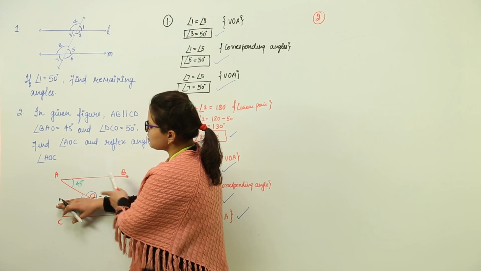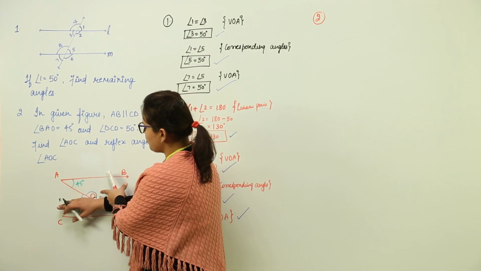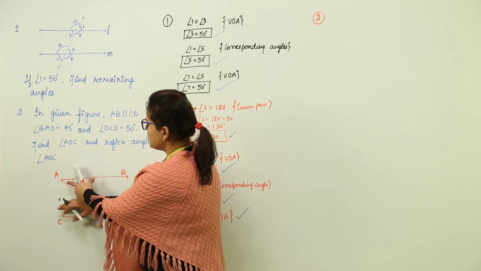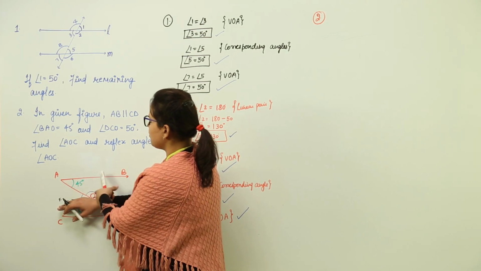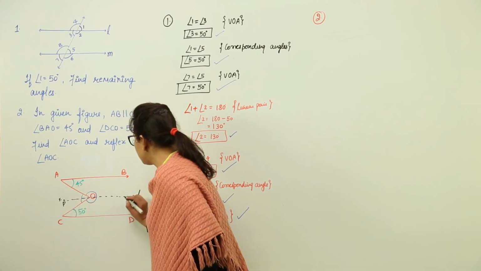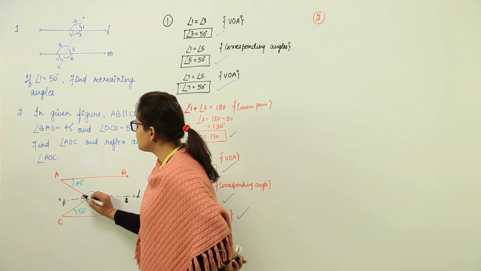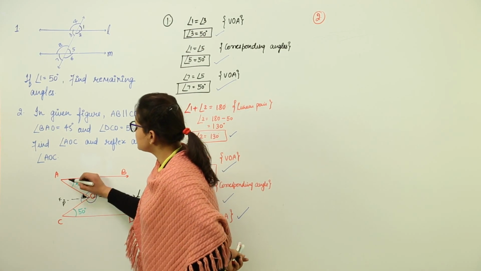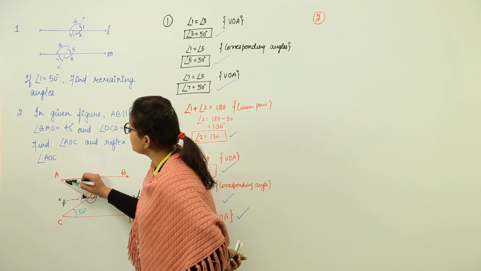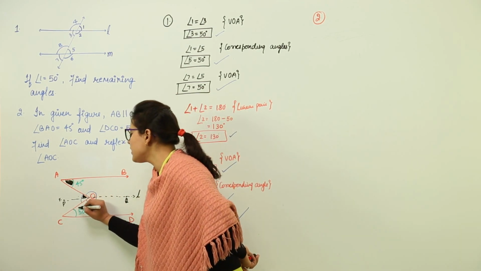If AO is my transversal, I can say that angle BAO is going to be equal to the angle formed between AO and this line. Let's name it some P and Q. So that means these angles are going to be equal to each other. Reason being, they are forming alternate interior angles. So that means I'll get this as 45.